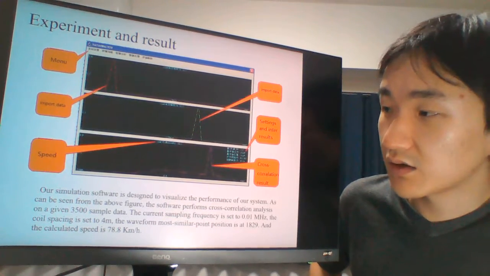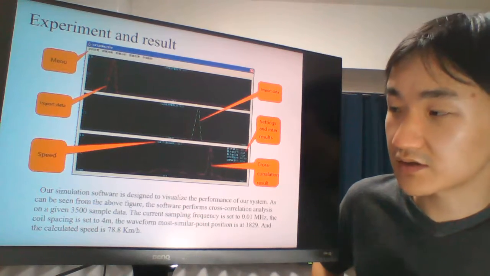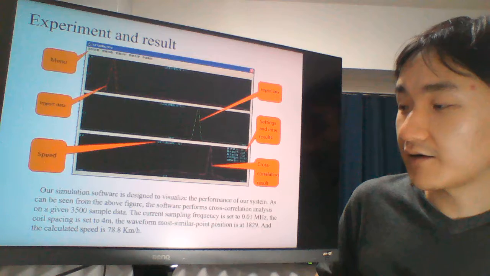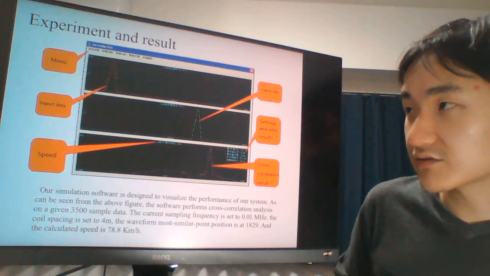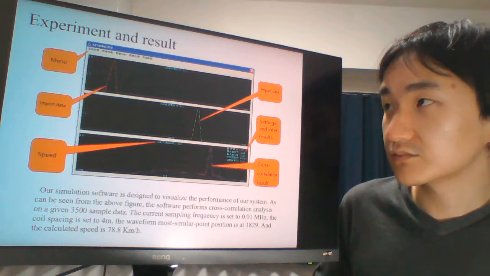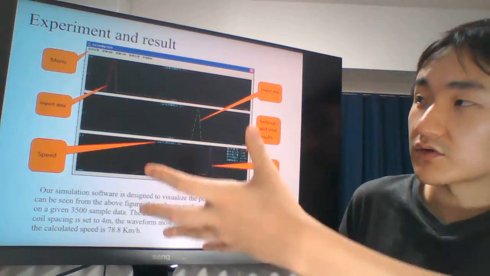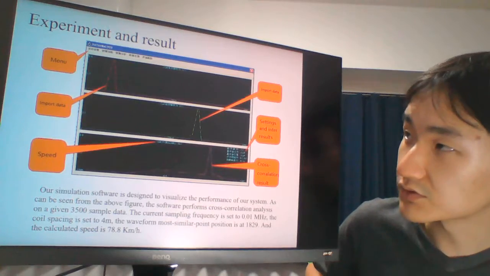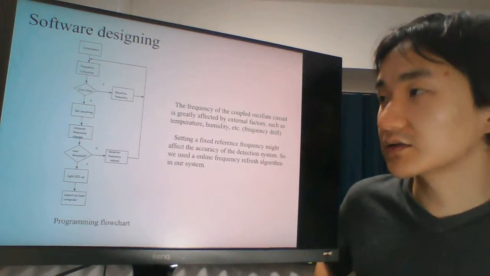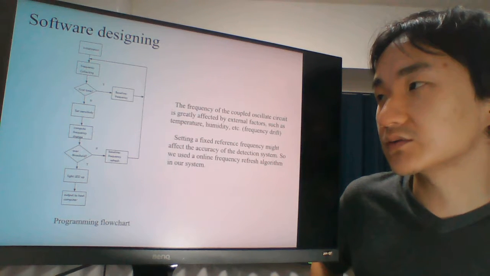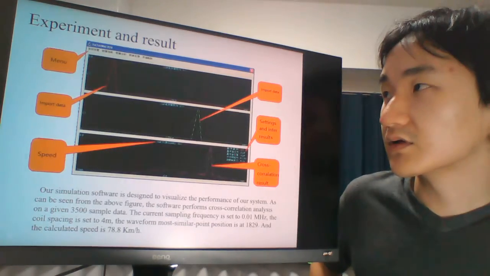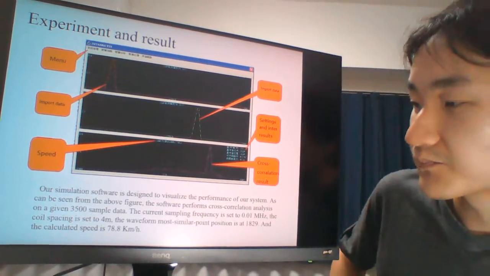Here's the experiment and the result. Our simulation software is designed to visualize the performance of our system. It's on the upper computer, and this software is on the lower computer, which is the STM32.